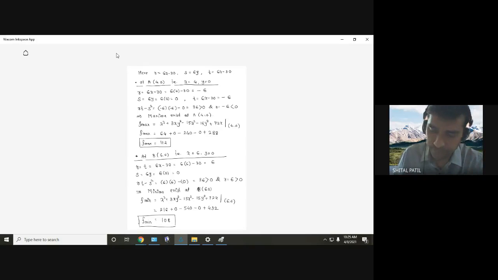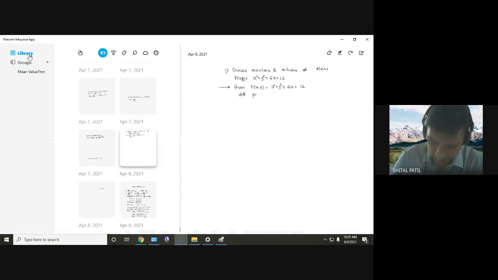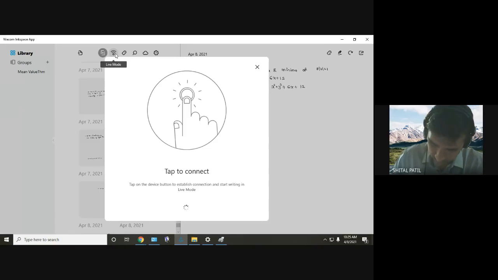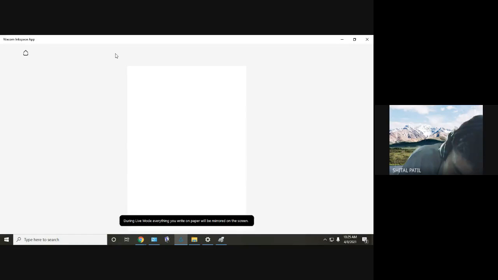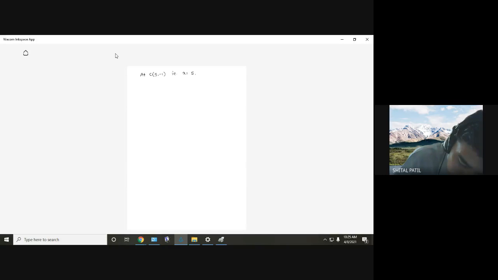Next, change the page. Five minus one. Can you solve the remaining part yourself?